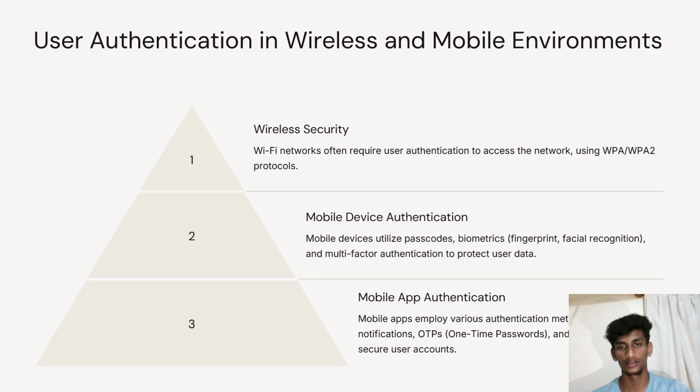Then mobile app authentication: mobile apps employ various authentication methods like notifications, OTPs, and biometrics to secure user accounts. These three, wireless security, mobile device authentication, and mobile app authentication, are user authentication in wireless and mobile environments.